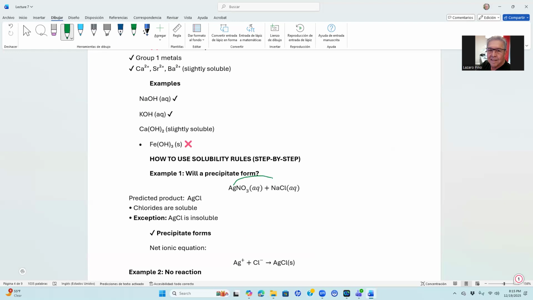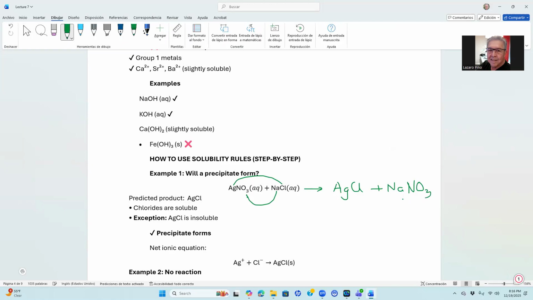Silver will combine with chloride, and one of the products will be silver chloride. On the other hand, sodium will combine with nitrate, so you will have this compound.